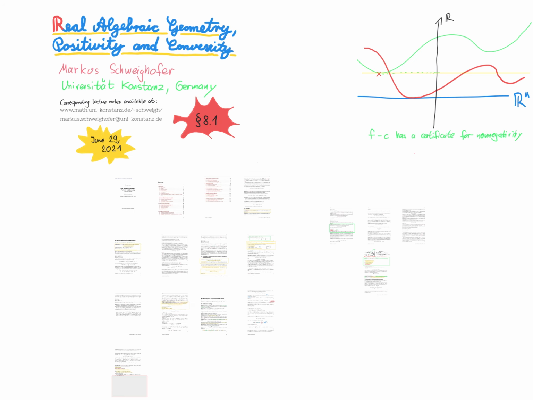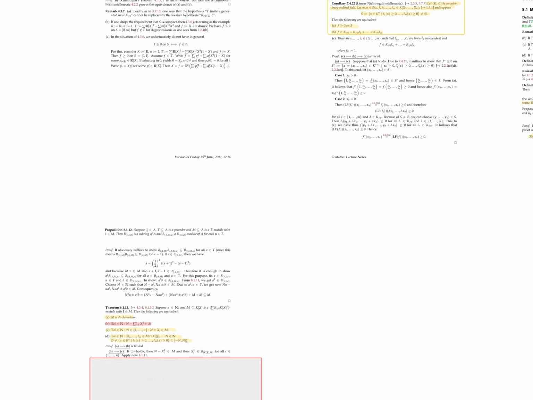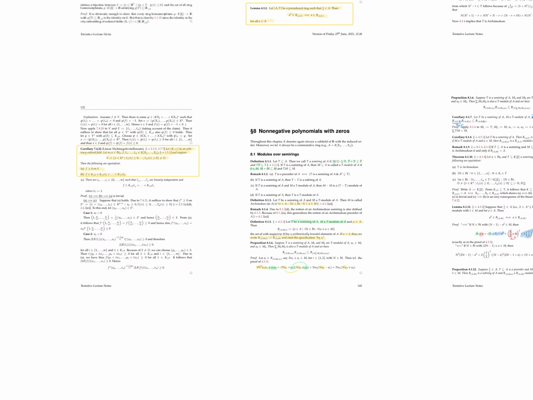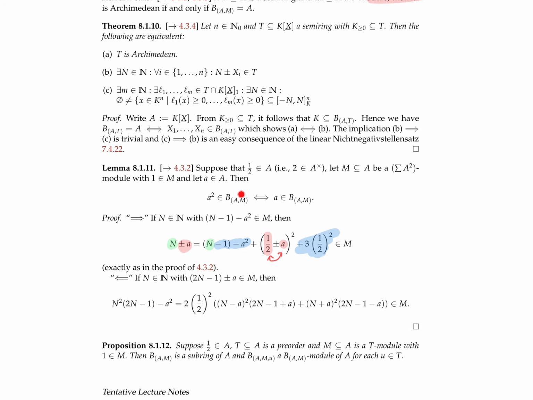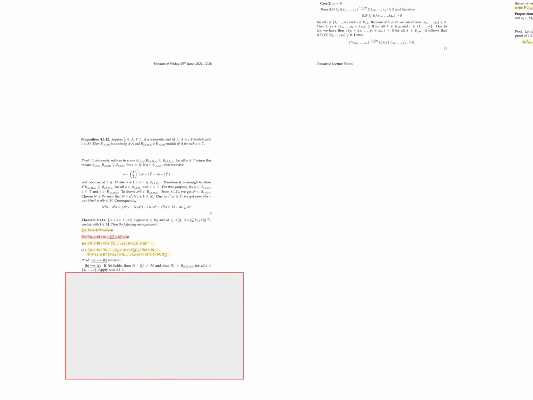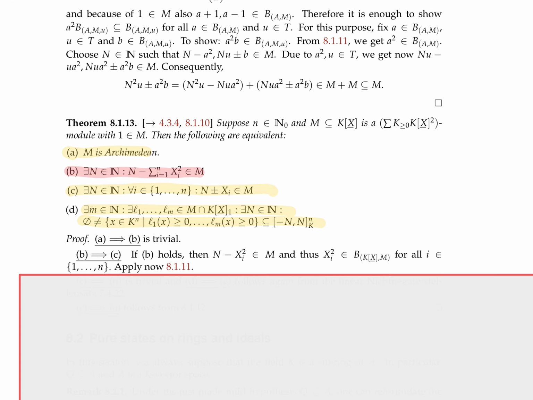Now we apply 8.1.11 in the other direction, namely the direction which says if a square of something is arithmetically bounded, then the thing itself is also.